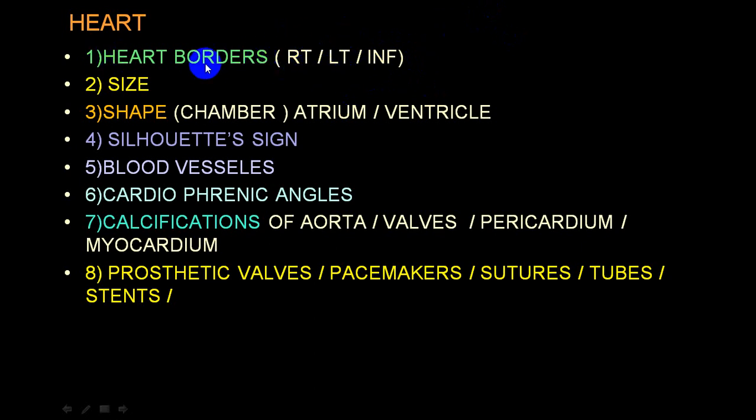But this border becomes difficult to identify if there is any pathophysiology producing opacity in the lung, which produces the Silhouette sign. In that case, the heart border becomes very difficult to identify.